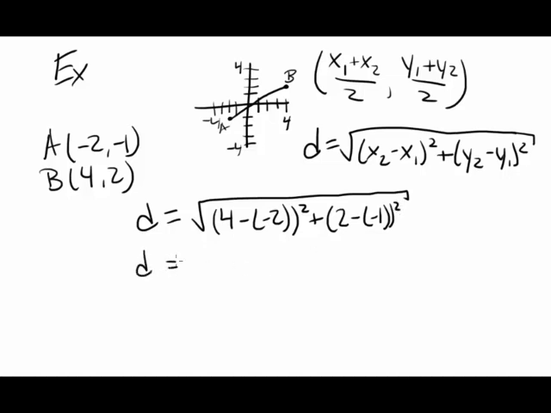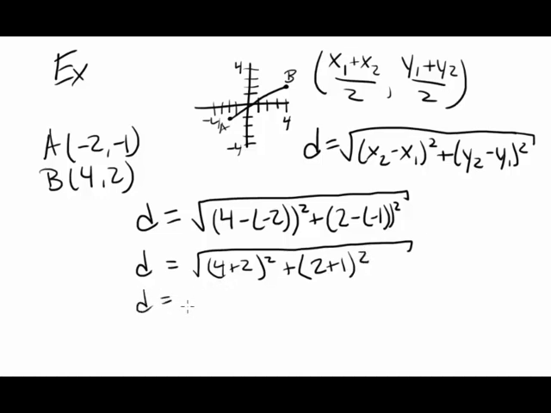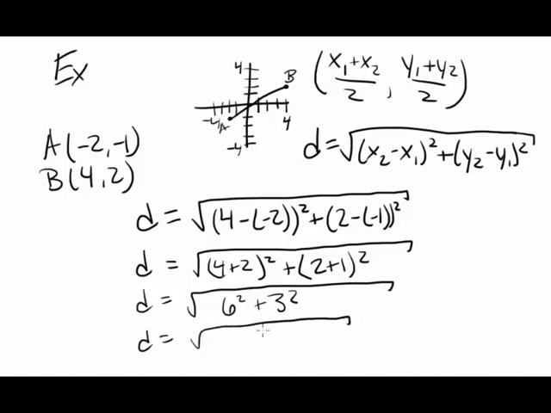Simplifying this, we are going to get (4 plus 2) quantity squared plus (2 plus 1) quantity squared. Simplifying, we'll get 6 squared plus 3 squared. D is going to equal 36 plus 9.